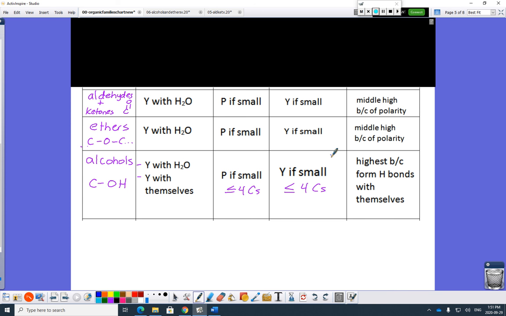They do not have OH, so they cannot make hydrogen bonds with themselves.